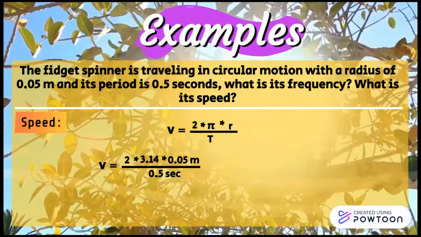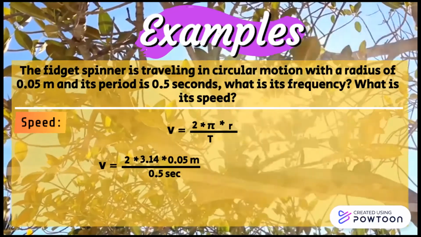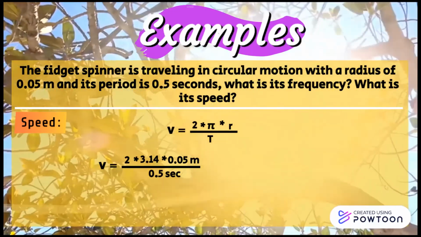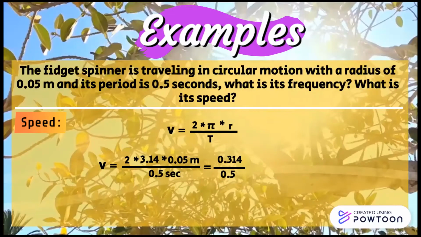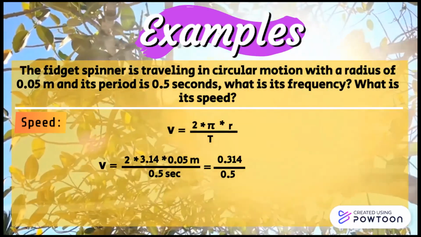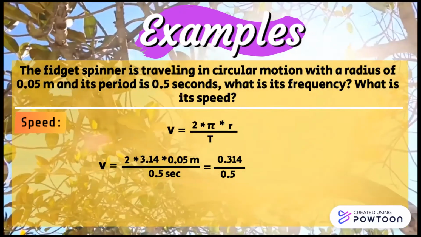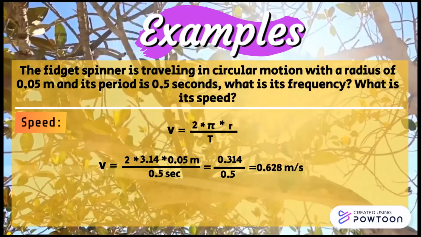Then we do the operation of the upper part. 2 times 3.14 times 0.05 gives 0.314, and the 0.5 stays in the same place. And finally, we divide 0.314 by 0.5. The result is 0.628 meters per second, and that will be the speed.